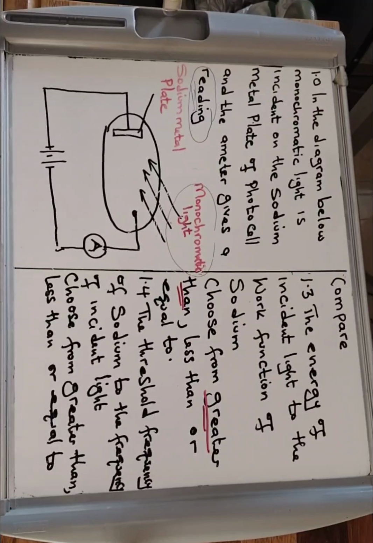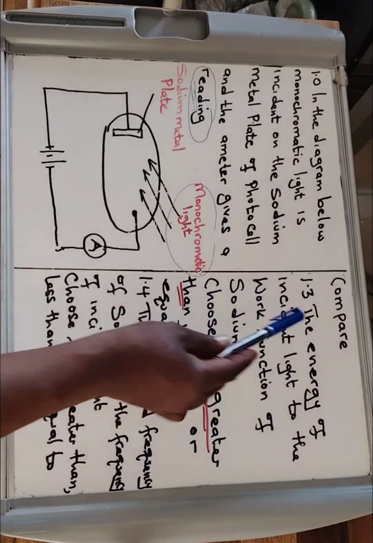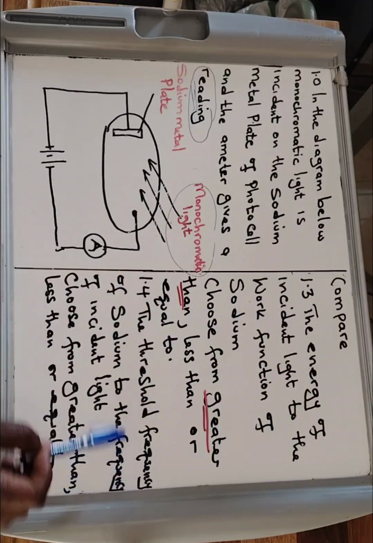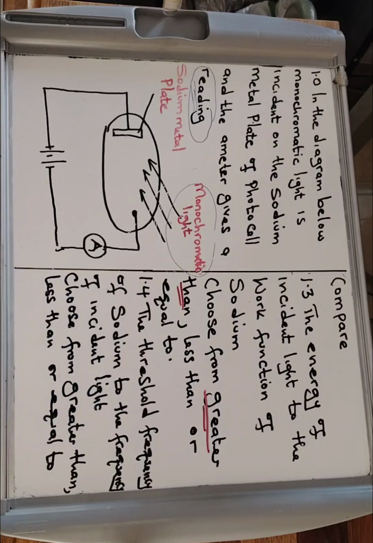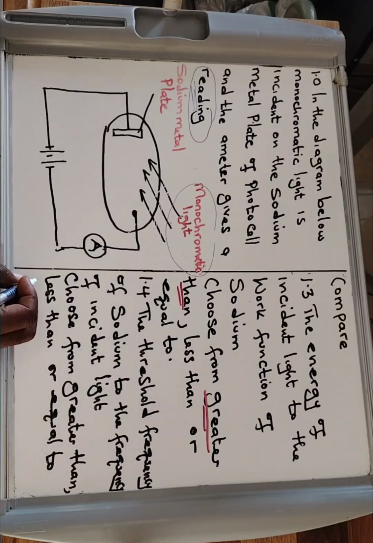And then comes this question, 1.4. The question says, compare the threshold frequency of sodium to the frequency of incident light. And we are choosing from greater than, less than, equal to. To answer this question, you need to know that a threshold frequency is a factor of work function from this equation.